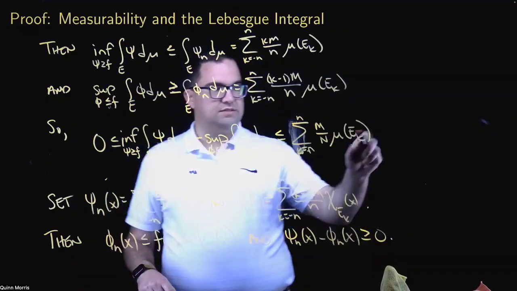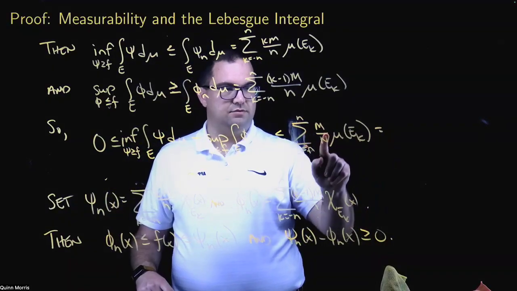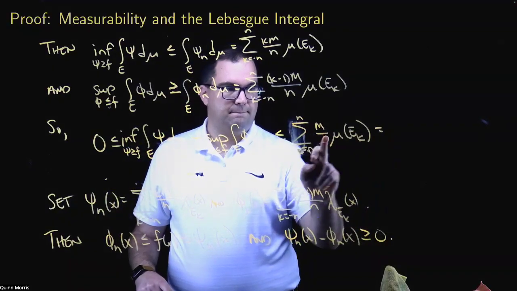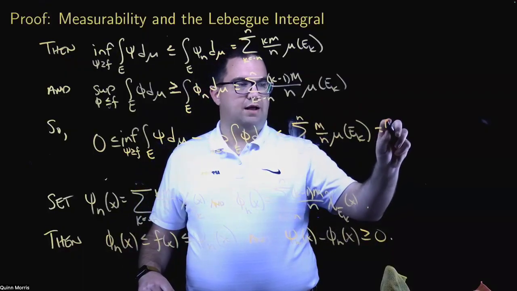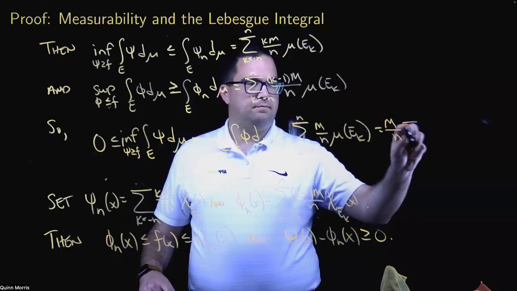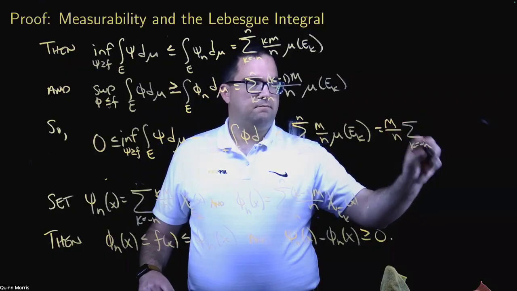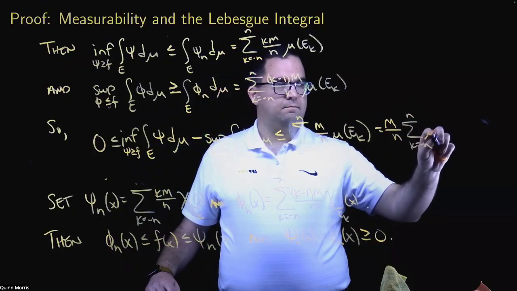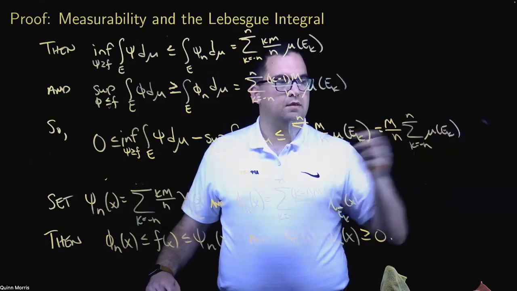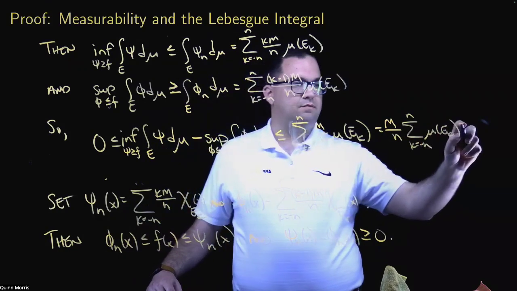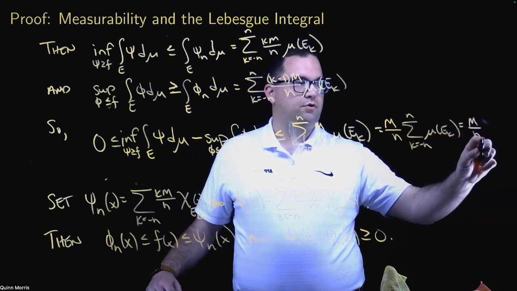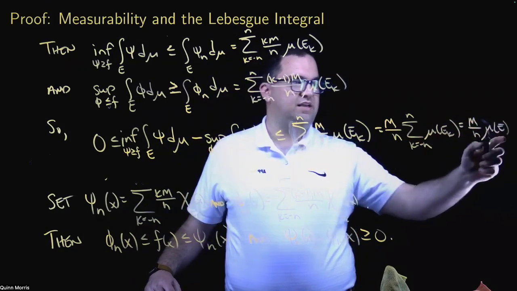Notice that this is independent of k, so I can pull it outside of the sum. And recall earlier we showed that this was just the measure of e. This is m over n times the measure of e, and the measure of e is finite.